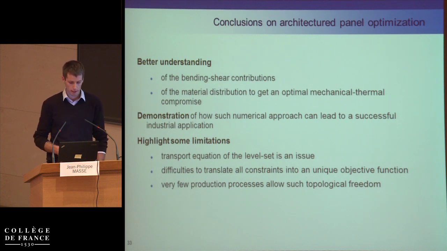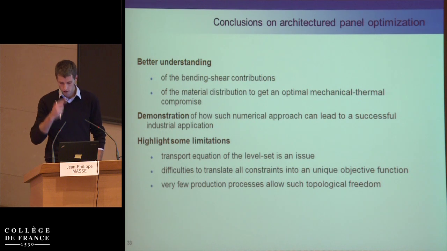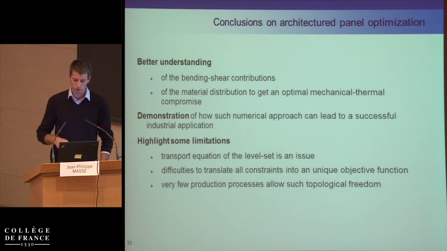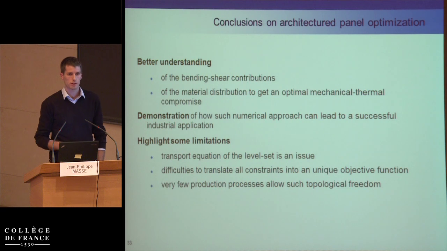But we also highlight some limitations. The transport equation I talked about, which is really an issue for the level set method, and the difficulty to translate all the constraints into a unique objective function. I talked about the regularization step we added.